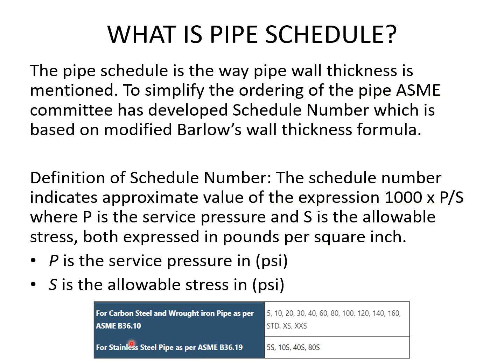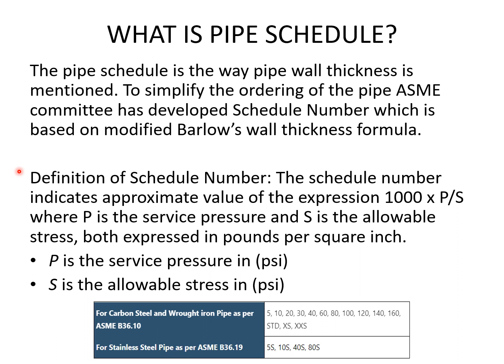So pipe dimension is also defined by pipe schedule. Pipe schedule is a way wall thickness is mentioned. To simplify the ordering of pipe, the ASME committee has developed the schedule number, which is based on the modified Barlow's wall thickness formula.